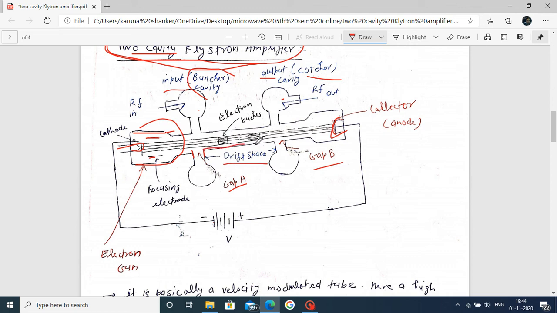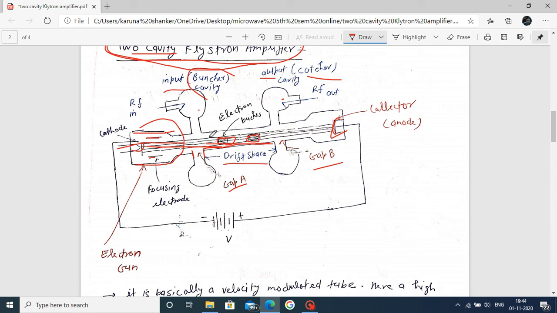This region is called the drift space. Here the rectangular form shows the electron bunch, and this straight line shows the electron flow. The electrons are in the form of bunches, called electron bunches, and here also is an electron bunch, meaning electron bunches are present in the drift space.